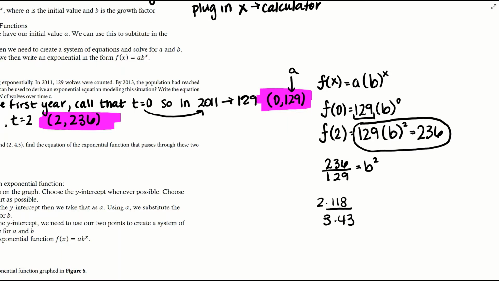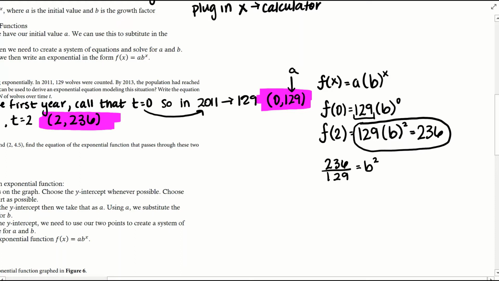And 118 is another 2 and a 59. So I do not think we can go any lower than that. So we will leave it here.